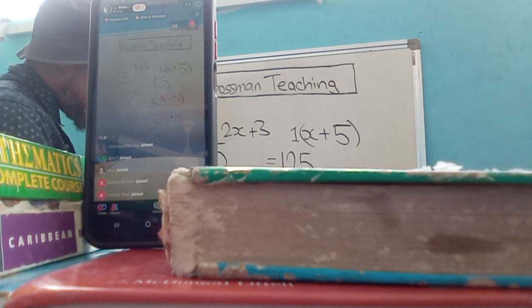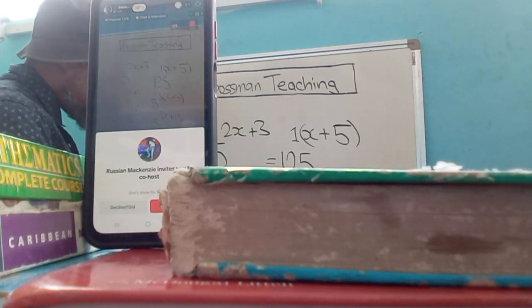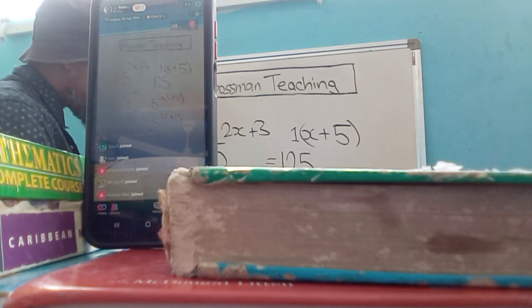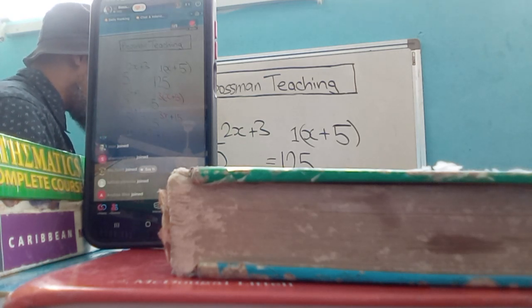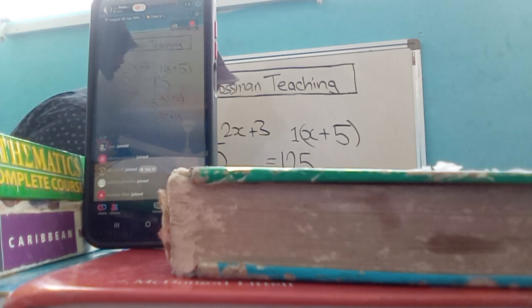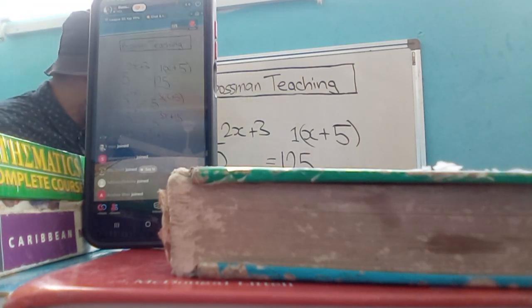Minus 3, 12, or 3x minus 2x plus 15. No, 1x plus 15 is equal. So x is equal to 3 minus 15. Right, yeah, that's it.